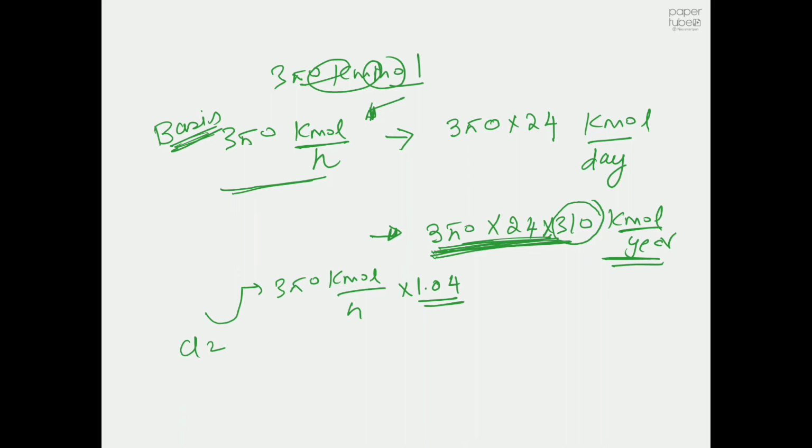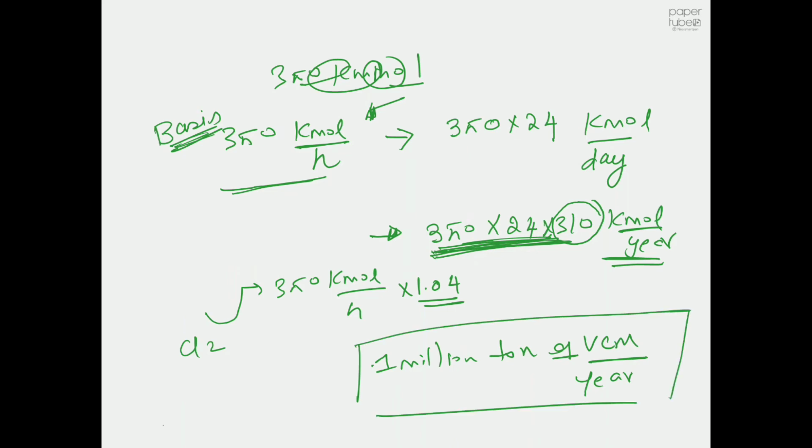Once we finish developing the full process flow sheet, I will tell you how to adjust the process parameters. Say our goal is to produce 1 million ton of vinyl chloride monomer per year. That's our annual production rate.